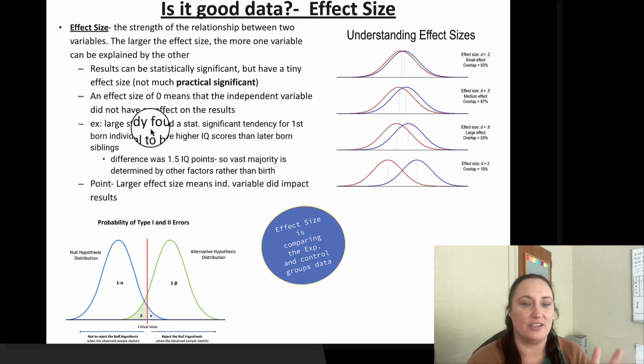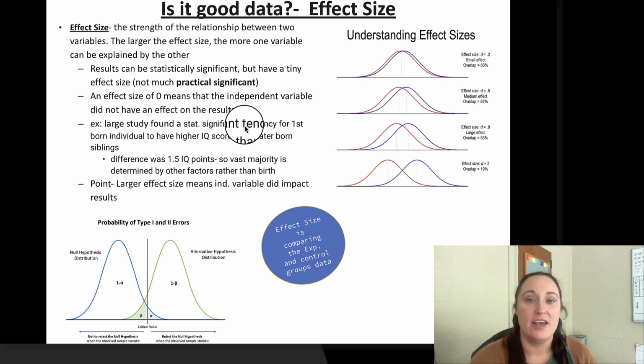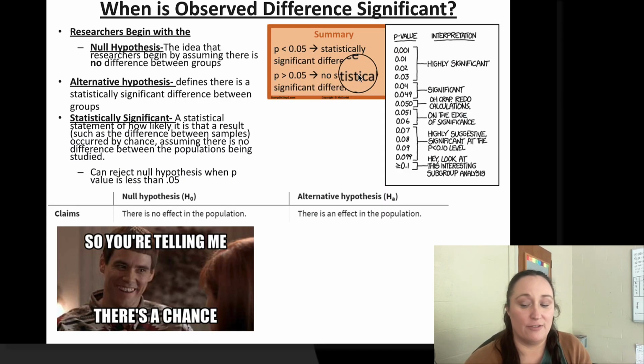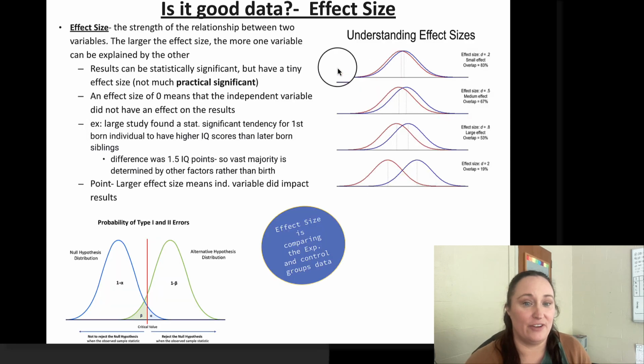So let's move on to a different example here. Your textbook talks about this example where there was a large study about IQ scores, and they were trying to see if the oldest sibling had a higher IQ score than younger siblings. And the data proved to be 0.049 or less, so it's statistically significant.